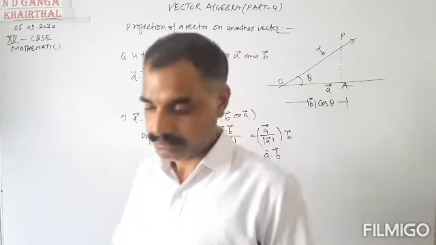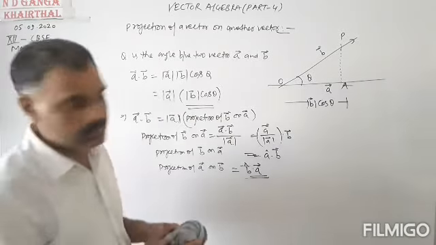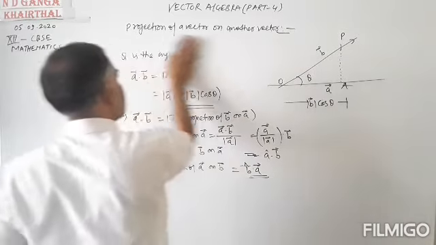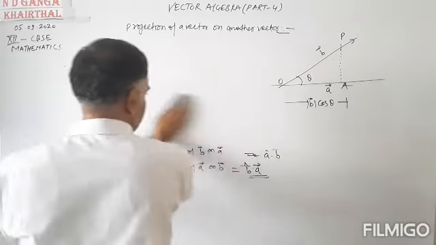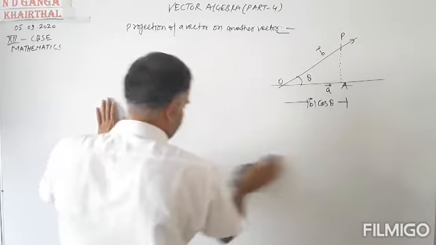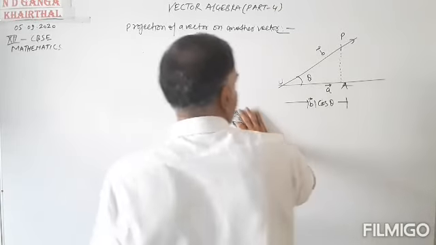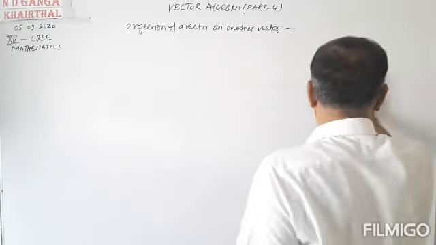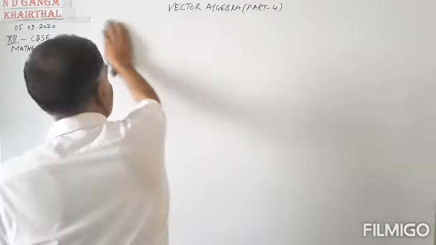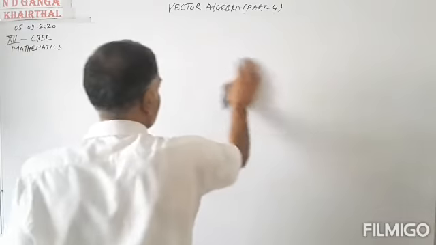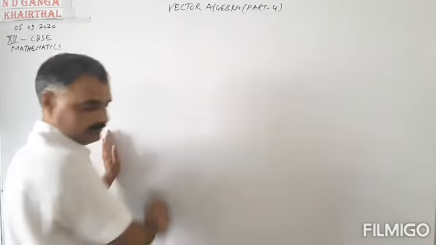Now we will discuss some more relations related to the dot product, that is Cauchy's relation or Cauchy's inequality.